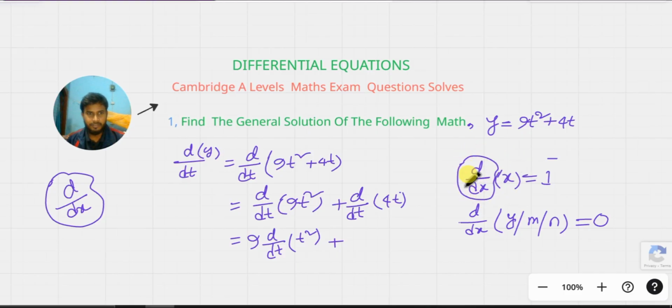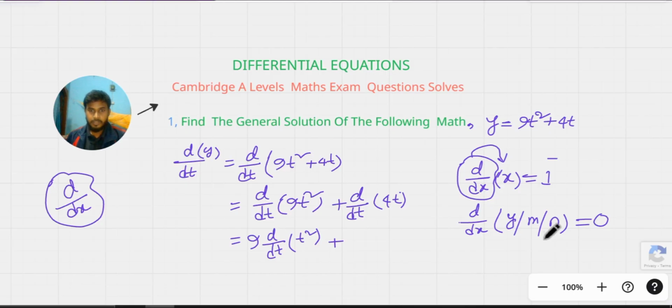Our differential operator's variable is x and the function's variable is also x, the same variable. Then the differential operator can act and give us the result. If the differential operator's variable and the function's variable are different, the result will be 0.